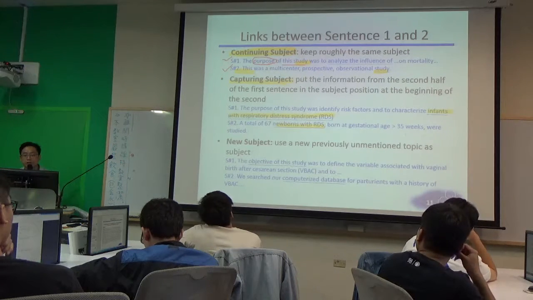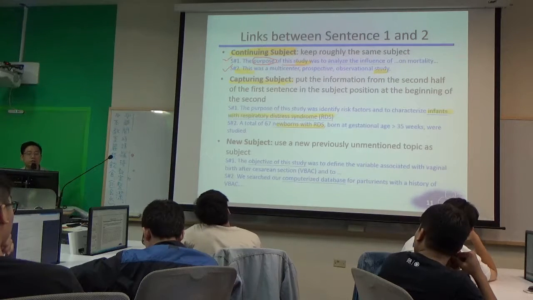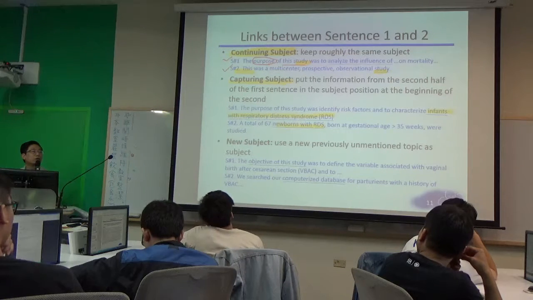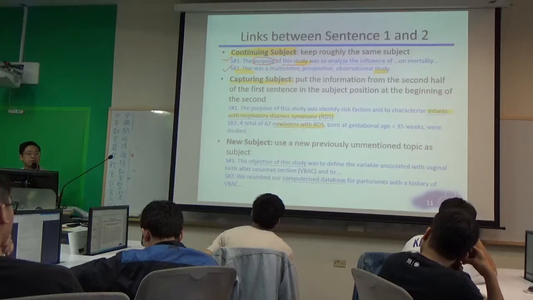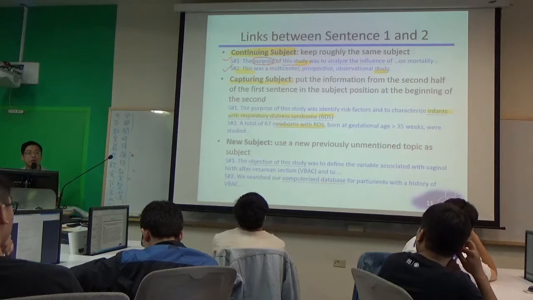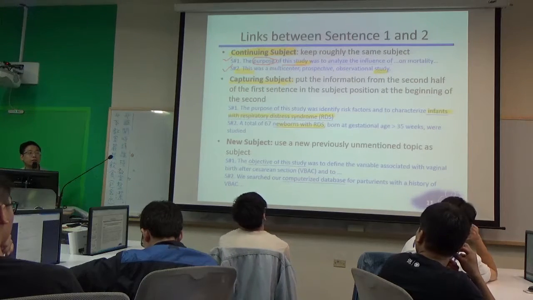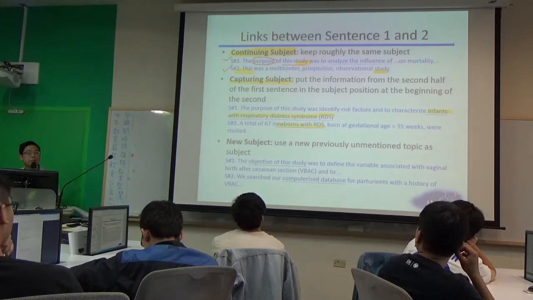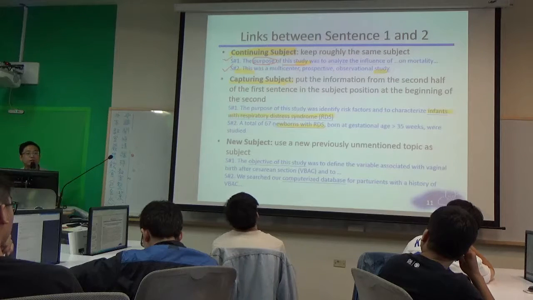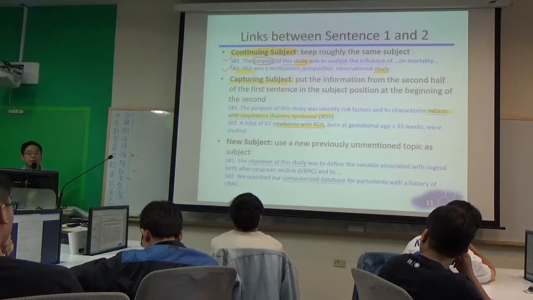You have something in the position of the second half of the first sentence, and for the second sentence, this is the subject. So this is a capturing subject. The main subject is different.